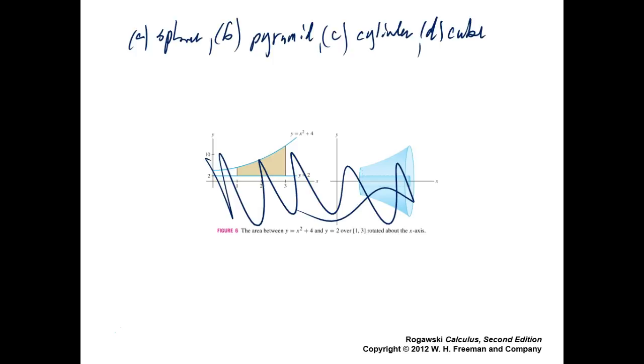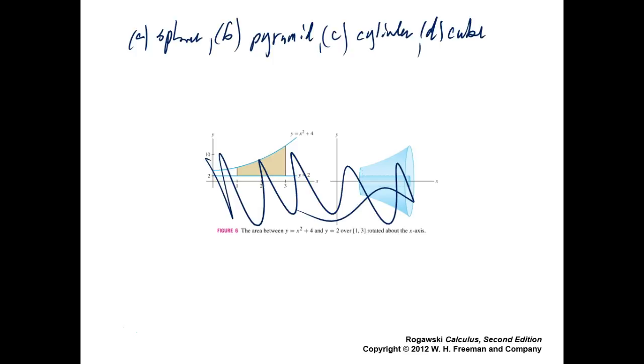Okay. Another one, true or false. When the region between two graphs is rotated about the x-axis, the cross-sections of the solid perpendicular to the x-axis are circular discs.